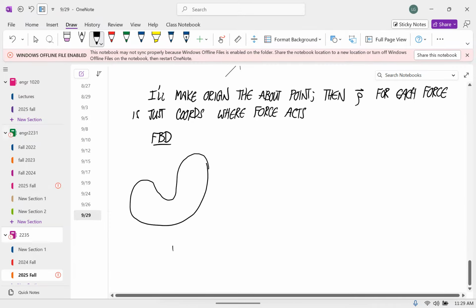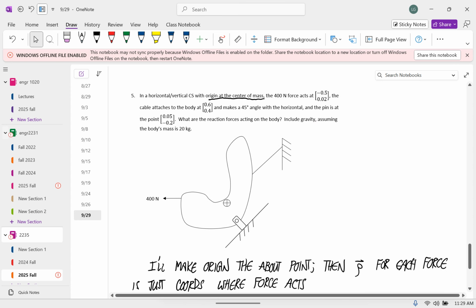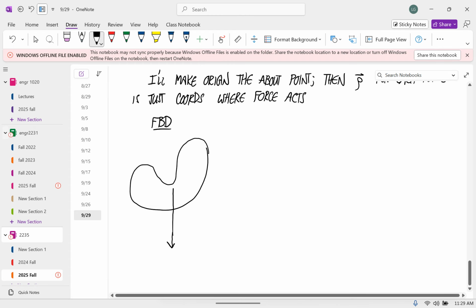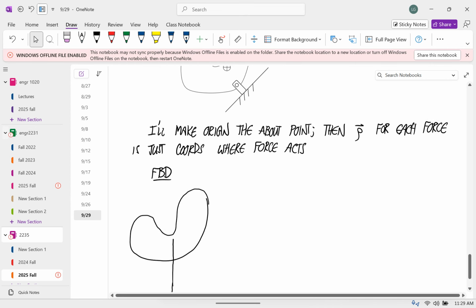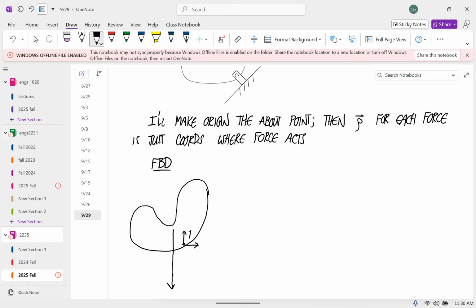And there's a weight force acting at the center of mass. This thing has a mass of 20 kilograms, so this is 196.2. There's a pin joint here, and in 2D, a pin joint is an unknown force vector.